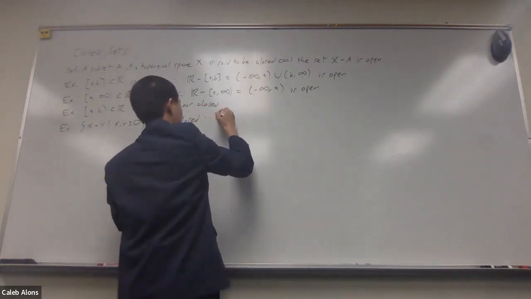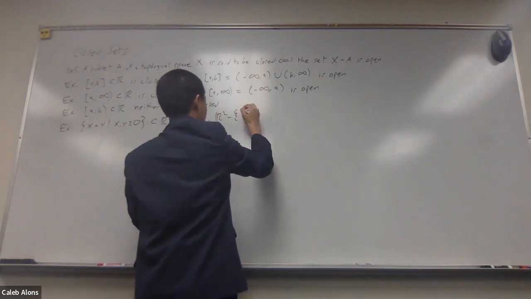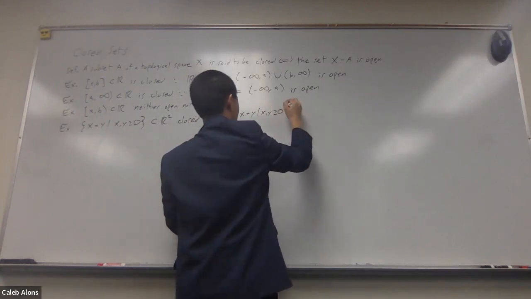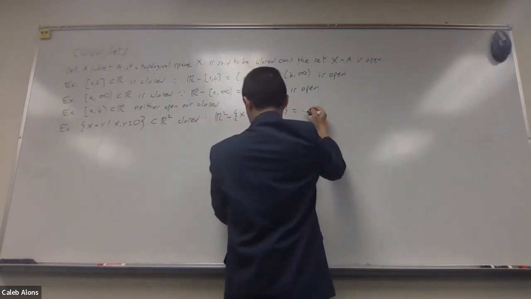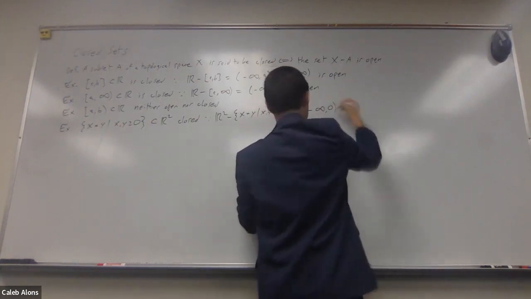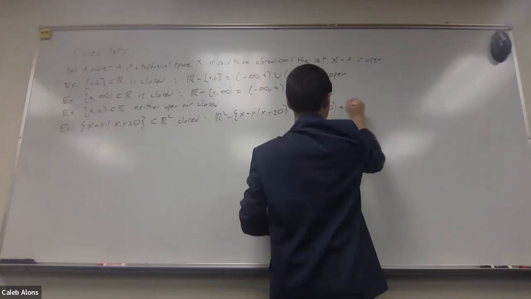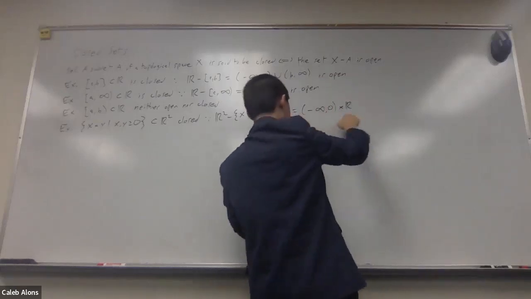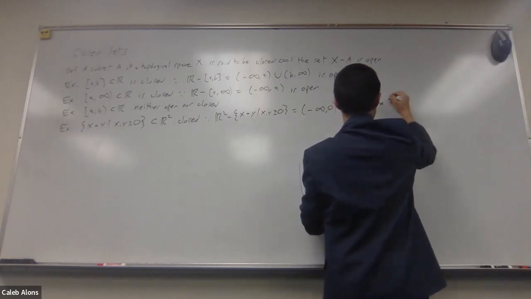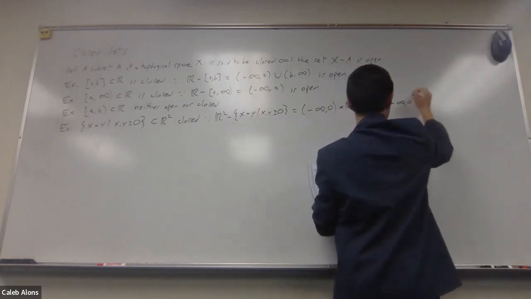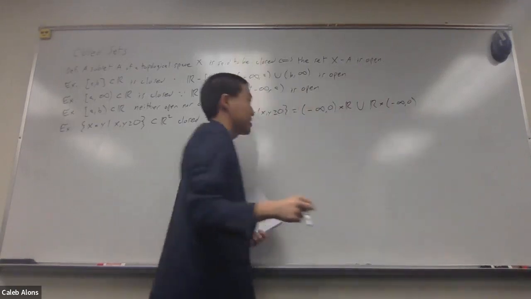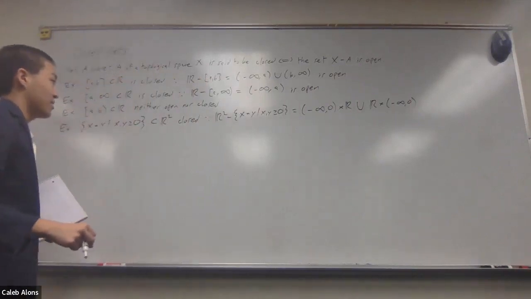Because if I take R2 and take away these points, that's pretty much taking minus infinity up to 0 crossed with R, and then the union of that together with R cross minus infinity to 0. This is a product of two open sets, and so it's open, and then their union is open.